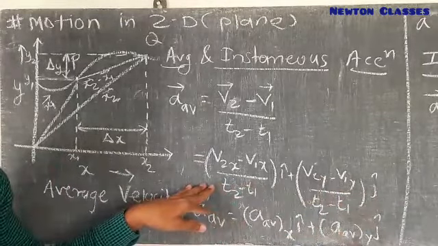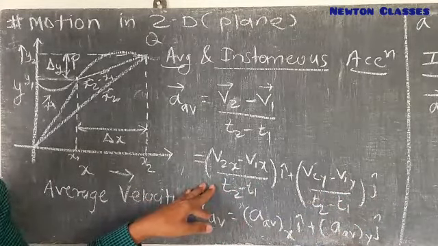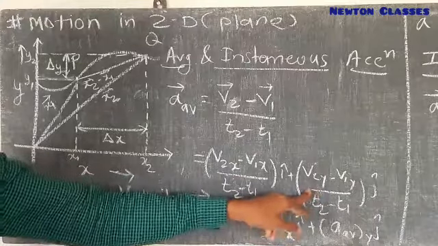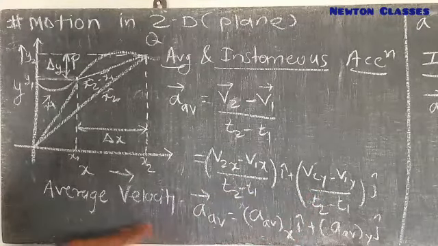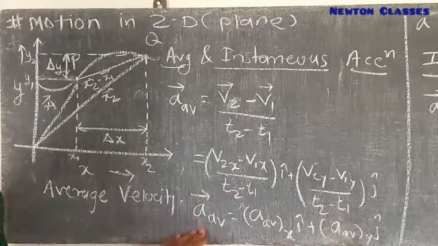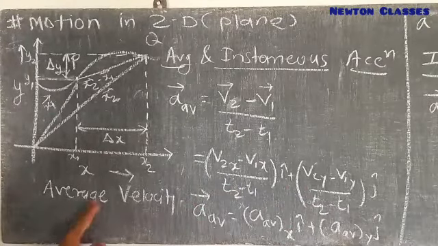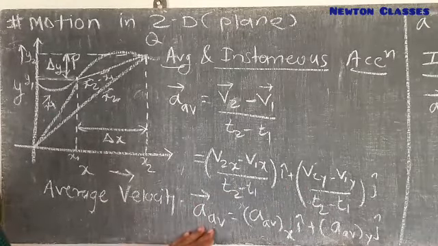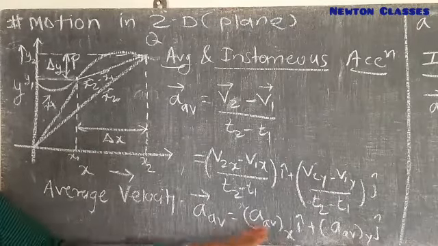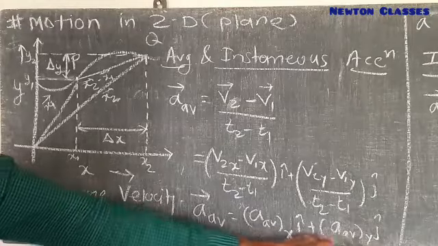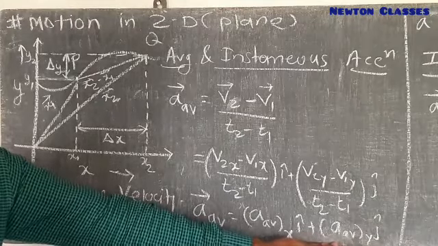This quantity is the average acceleration along the x axis, and this quantity is the average acceleration along the y axis. Therefore we get average acceleration, which is a new vector, denoted by average acceleration along x axis plus average acceleration along y axis.